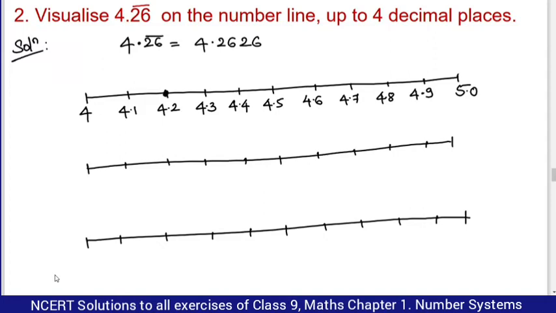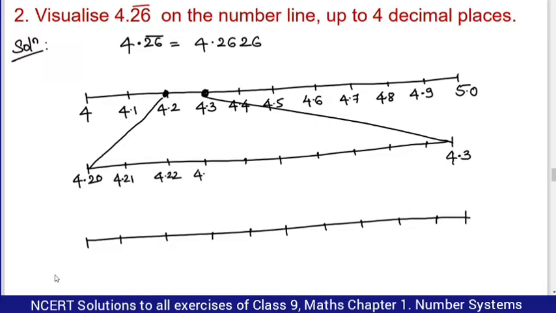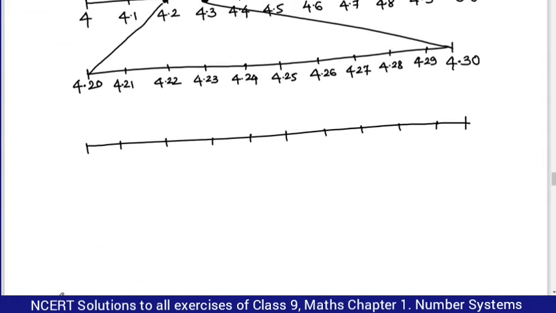So this is 4.26 which lies in between 4.2 and 4.3. So next number line you draw with the endpoints 4.2 and 4.3 and mark in between lines. Again 4.262 lies in between 4.26 and 4.27.